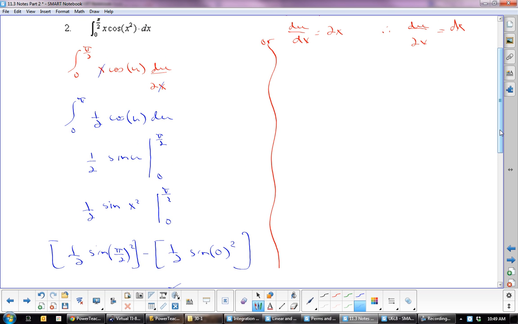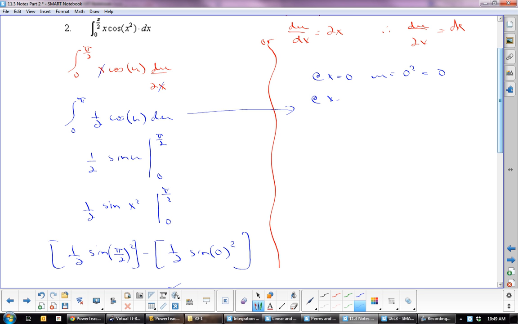Okay, now if I was to just go right from here, well, I need to find out what u equals. So at x equals 0, u equals 0 squared, which equals 0.